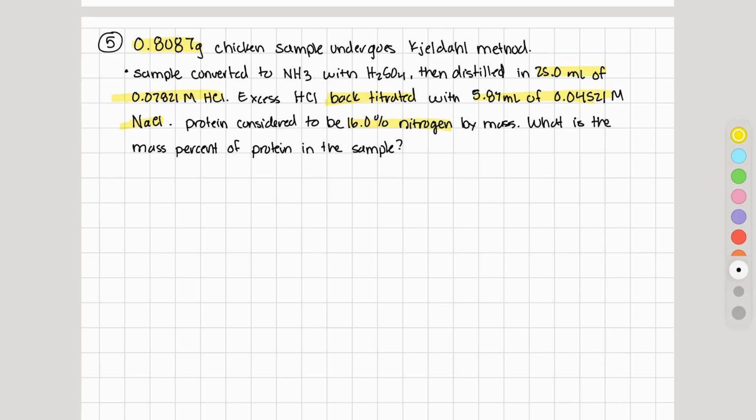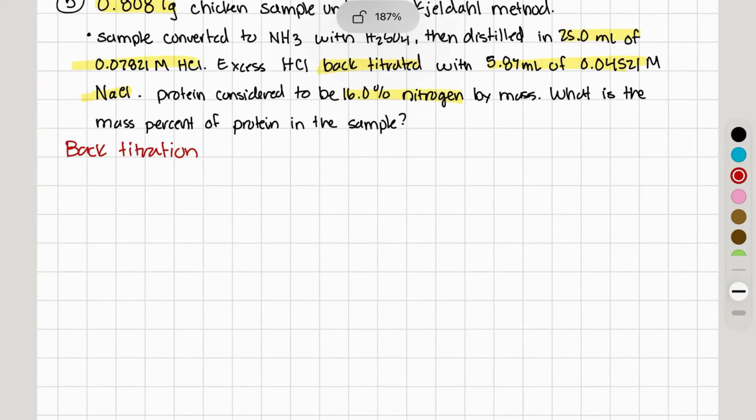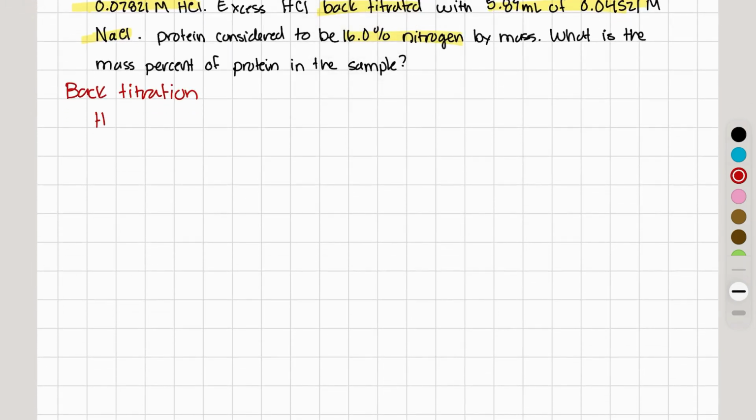Whenever we think of this Kjeldahl method or this back titration, what we want to remember is the nice little picture that was drawn in class. When we have this back titration, what is happening? We have some amount of NH3. We're adding a known amount of this NH3.